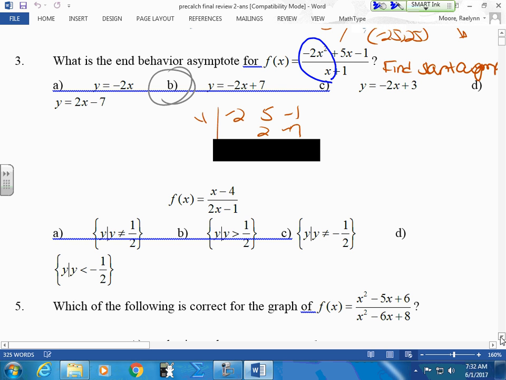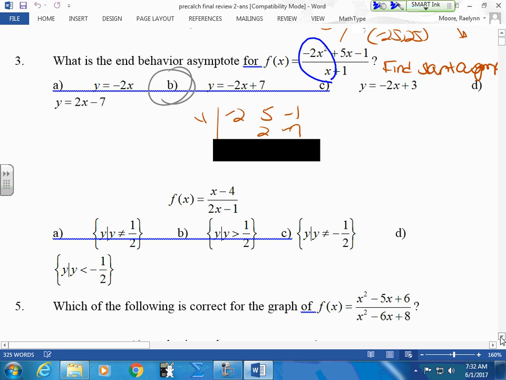They're in your note packet, the one where I gave you the formulas. They're in your formula packet. I put them in there. Did you look at your formula packet? And then the third one is, if the power in the numerator is exactly one more than the power in the denominator, you have a slant asymptote. Remember those? So this one had a slant asymptote.